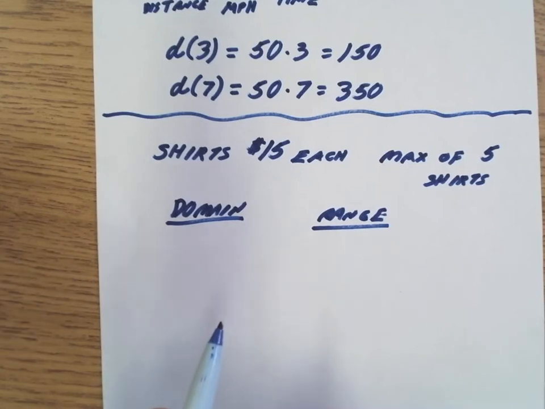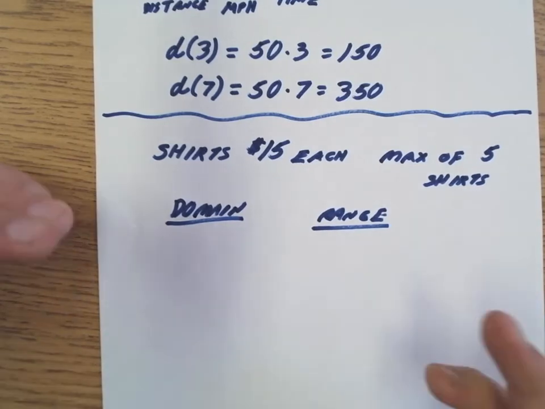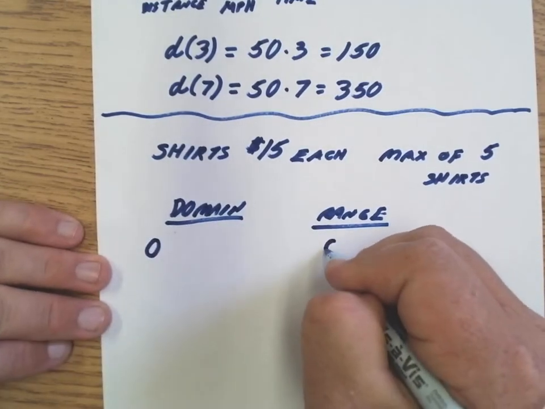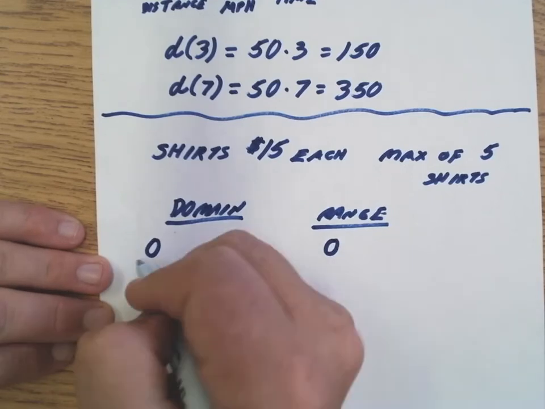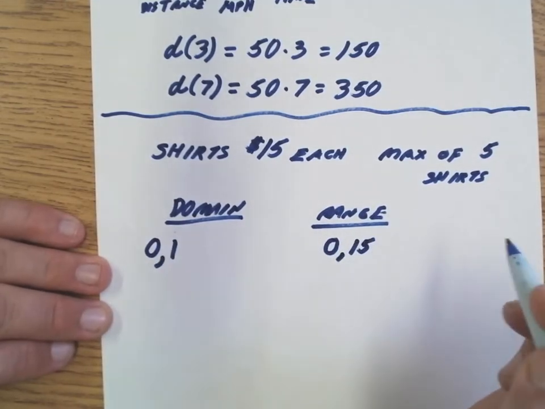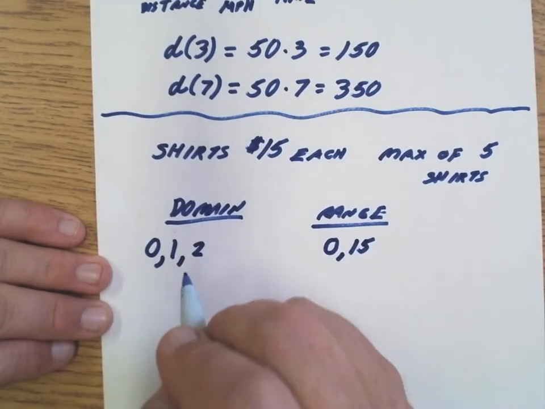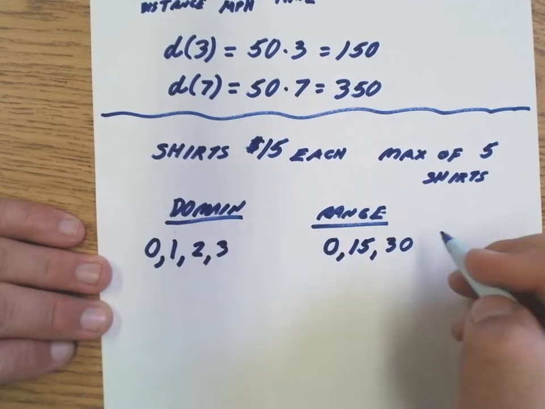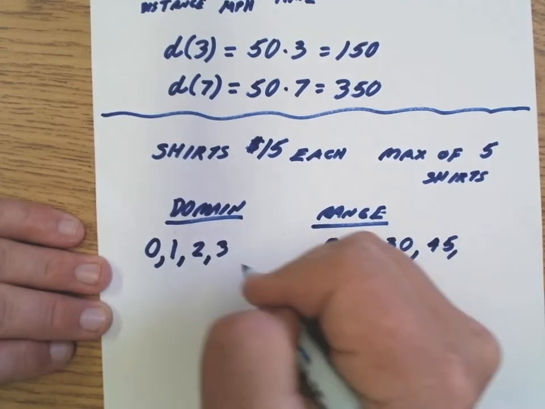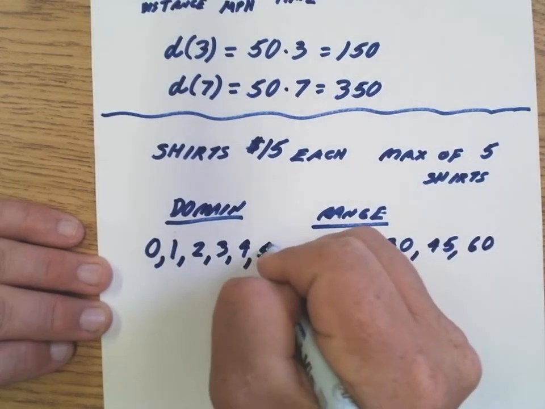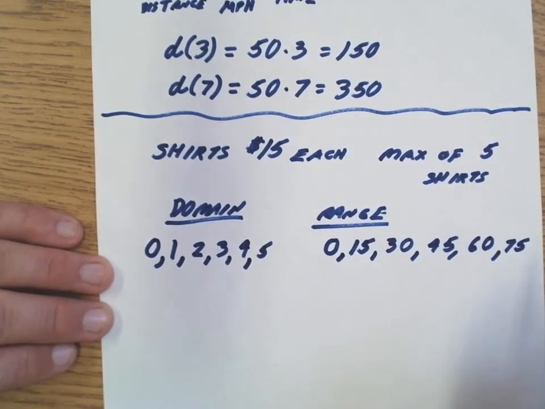The amount of money we're going to spend on shirts depends on how many we buy. If we buy 0 shirts, we spend $0. If I buy 1 shirt, I spend $15. 2 shirts, $30. 3 shirts, $45. 4 shirts, $60. And 5 shirts, $75.